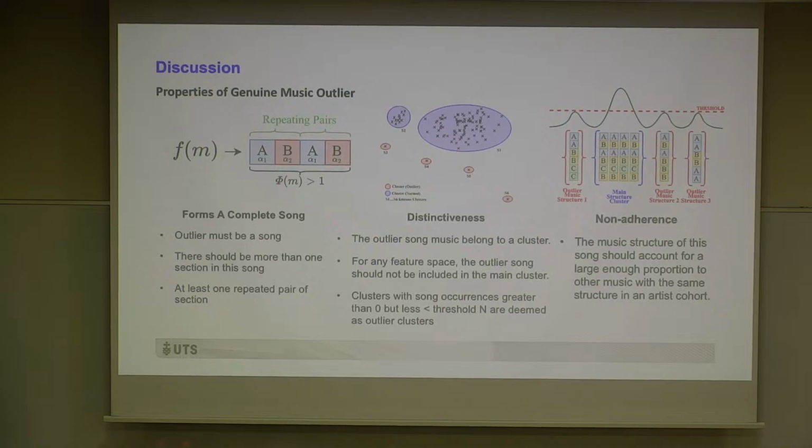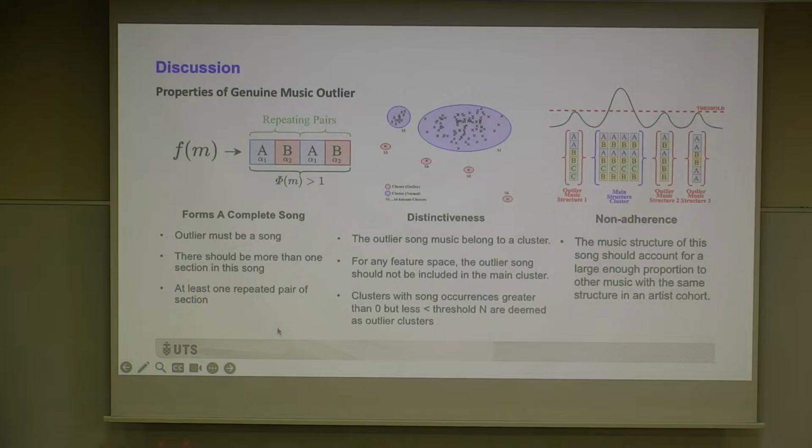For a complete song, that means the outlier must be a song. It can't be an intro or just a random part of a song. And there should be more than one section in these songs. That means it should at least follow a certain music structure, for example, A, B, A, B.